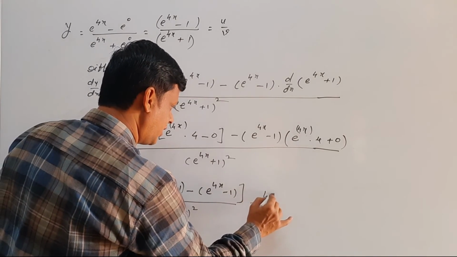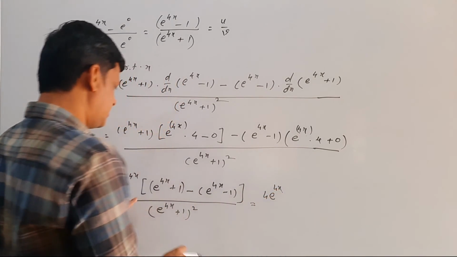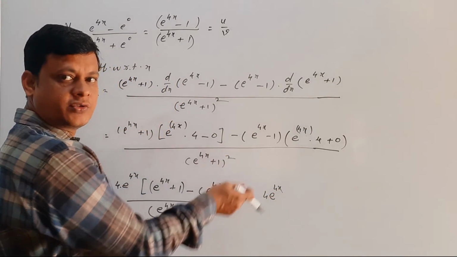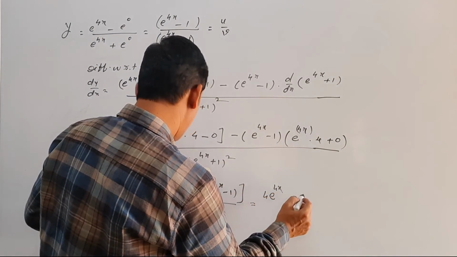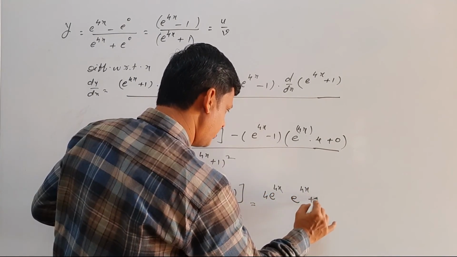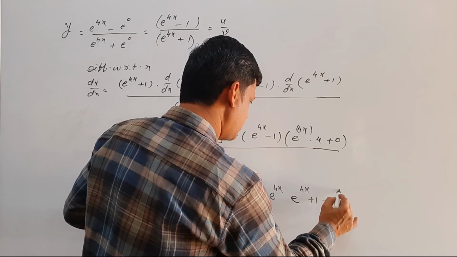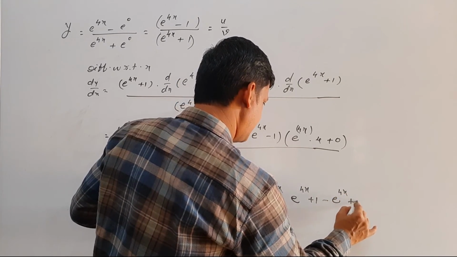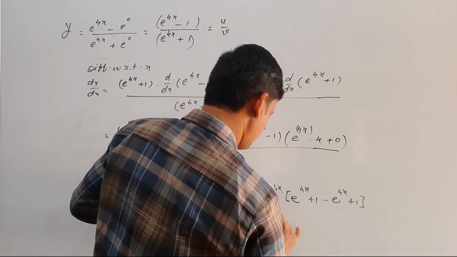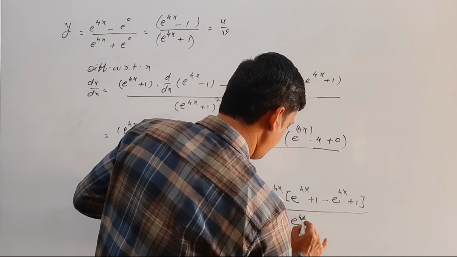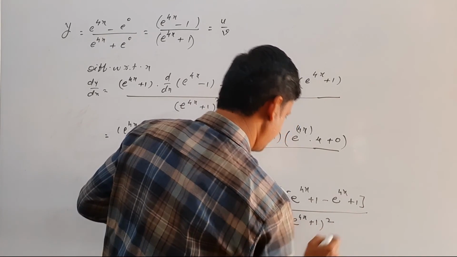So write here 4e^(4x) as it is. Now multiply the minus sign to the second bracket. So we get here e^(4x) + 1 minus e^(4x), minus times minus gets plus 1, upon (e^(4x) + 1) squared.